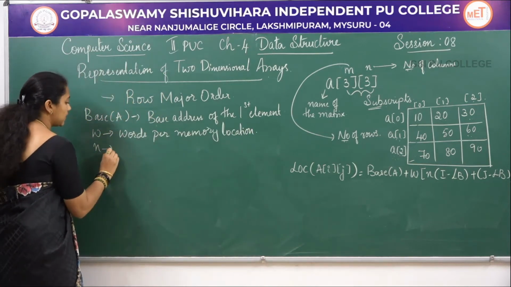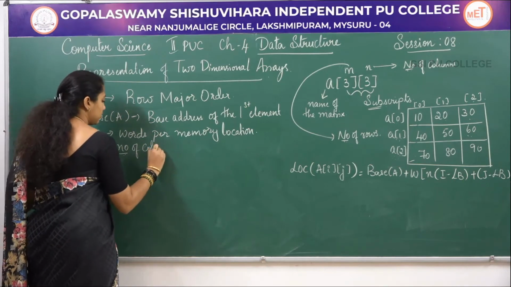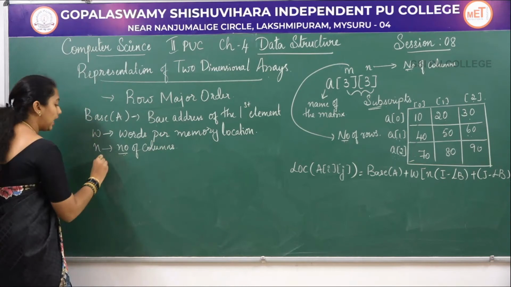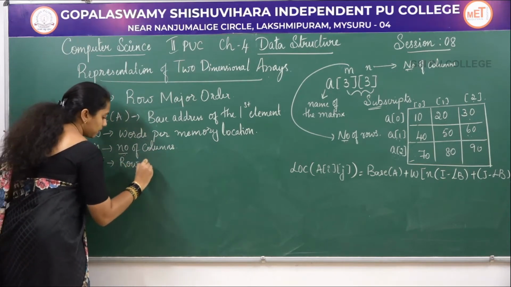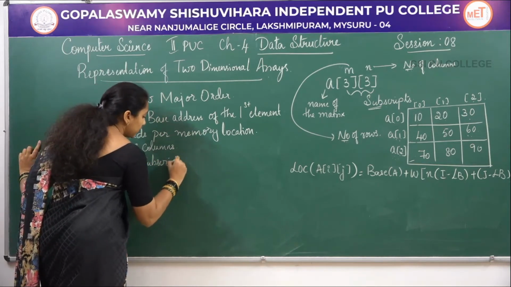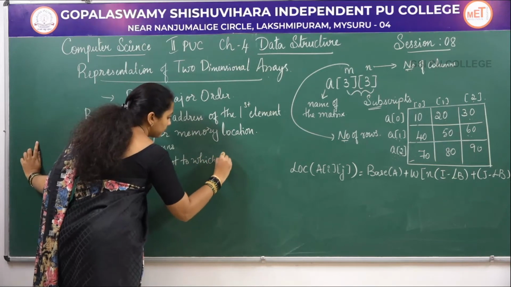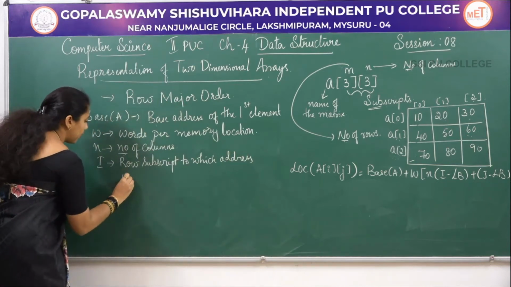N represents number of columns, and I represents the row subscript to which address is to be found.